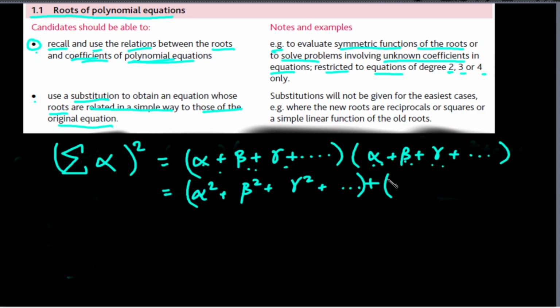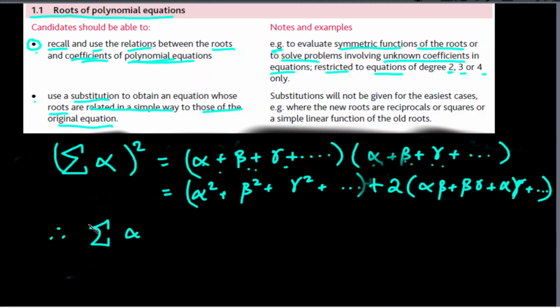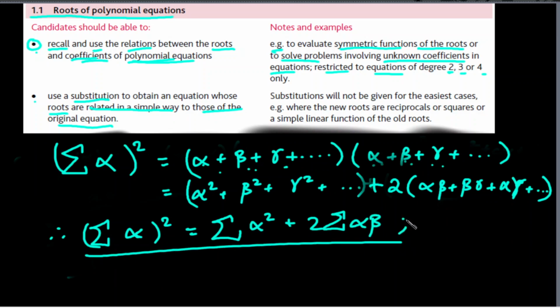So I'll just erase this really quick. Pretty much you just get plus 2 times alpha beta plus beta gamma plus alpha gamma, and so on. Therefore, it can be simplified for general application: the sum of the roots squared is equal to the sum of the squares of the roots plus 2 times the sum of the products of pairs of roots.